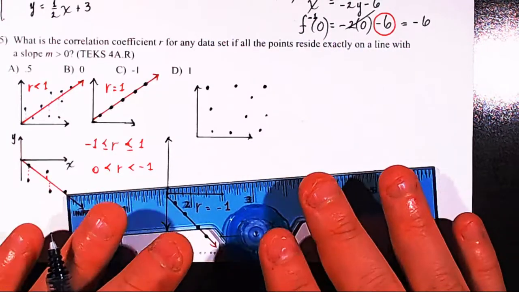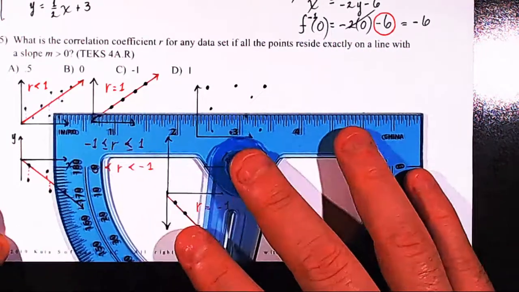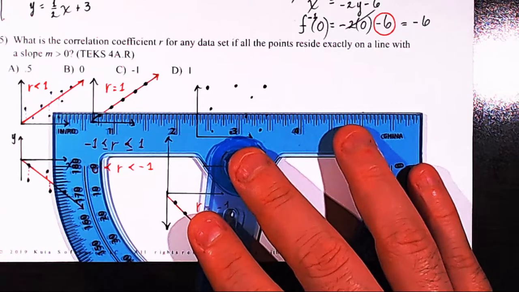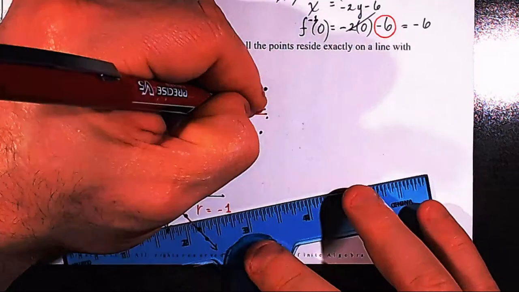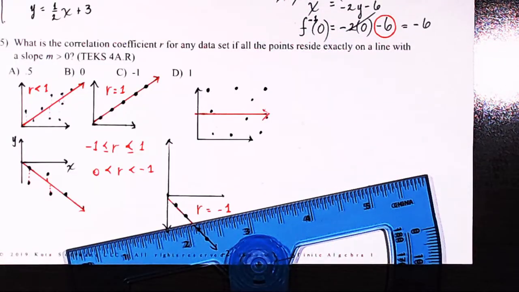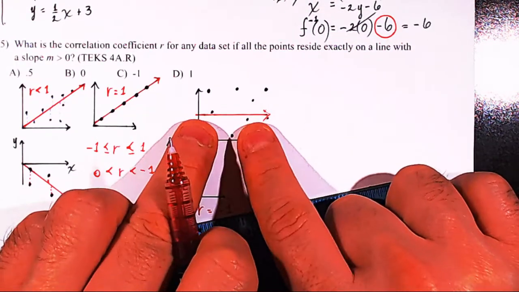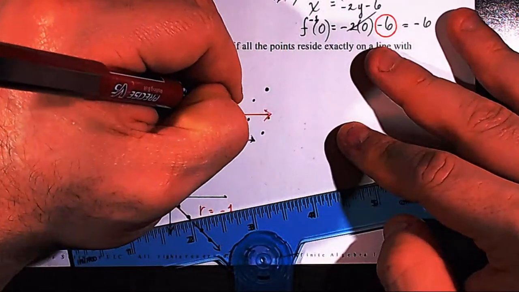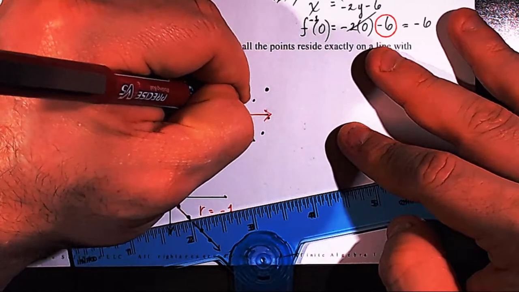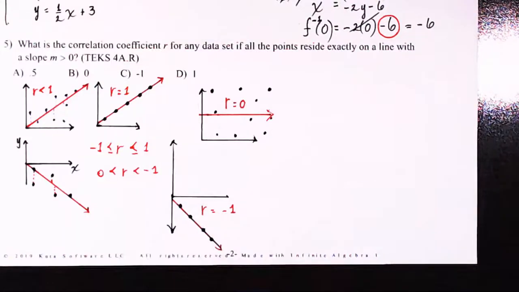There is no correlation between this data, and so we draw this flat line here. When the line is flat like that, or when the data is all scattered around, there's no correlation, so the correlation coefficient equals 0. That's a little bit on the correlation coefficient.